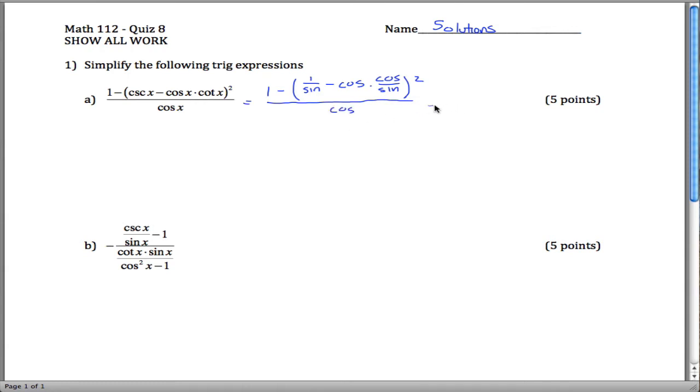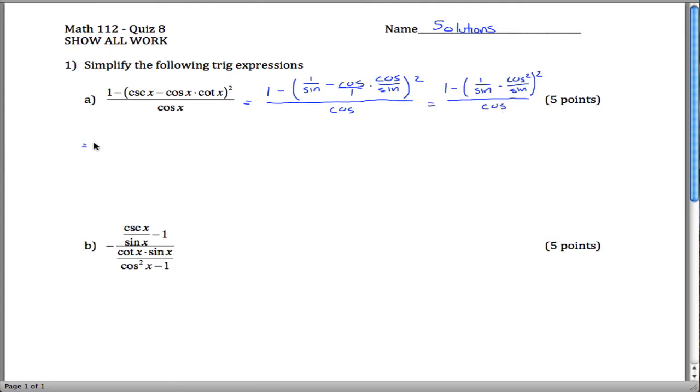All right, I can do another line here. It might help to think about this cosine as cosine over 1. Because if you do, then what you have is 1 minus, and in parentheses here, cosine squared over sine. This might be overkill, but I'll write it out. 1 minus sine over cosine squared minus sine squared over cosine.